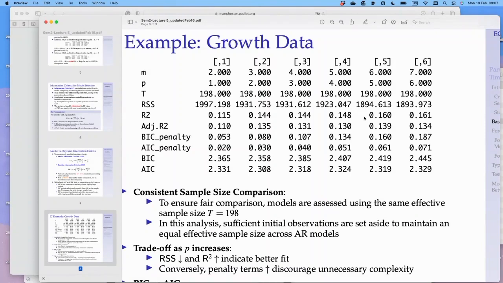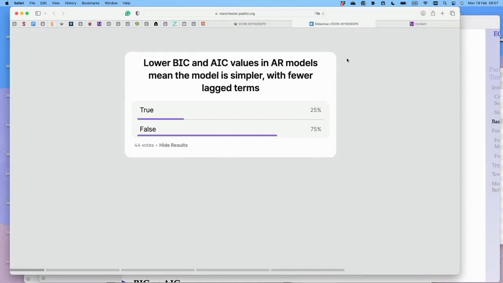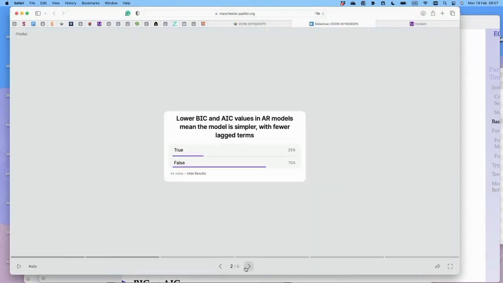The homework question last week, okay, the optimal model is actually the AR4 chosen by the smallest BIC, okay? So they are not necessarily minimized at simpler models. So this is a false statement.